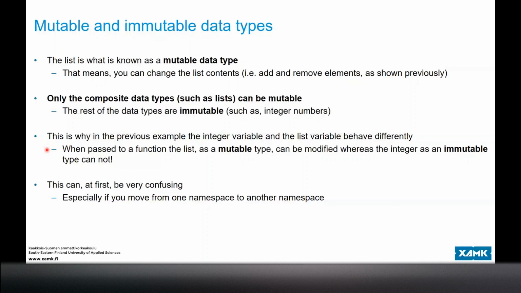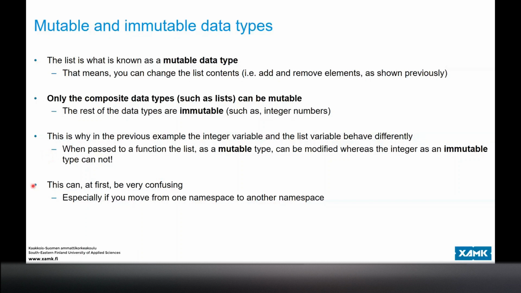So when we pass this list to a function, as it is a mutable type, it can be modified, whereas this immutable data type, which is the integer number, it can't. So integers, strings, Boolean data types and floating point numbers are all immutable. They cannot be changed, but the list happens to be mutable and you can change the contents of it.